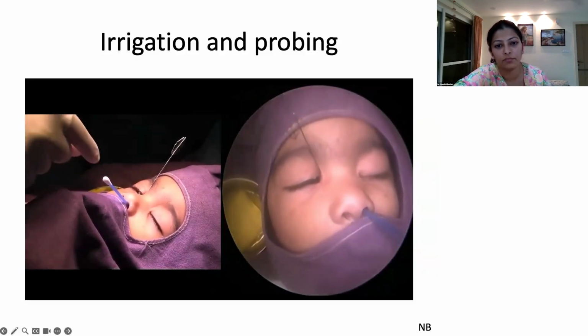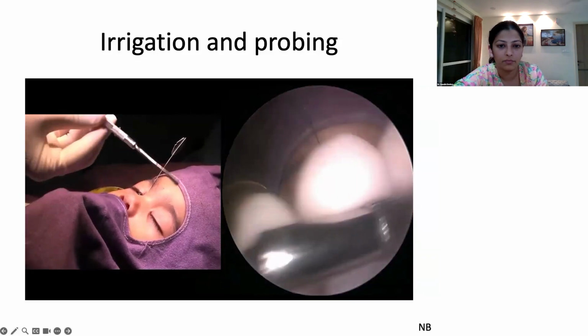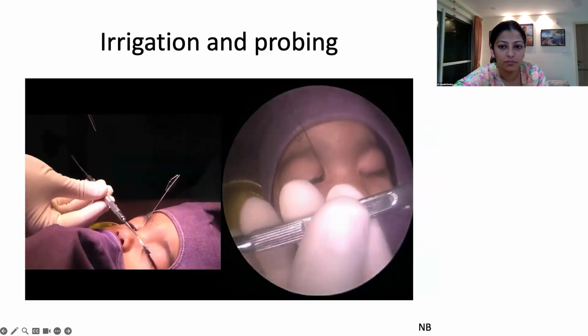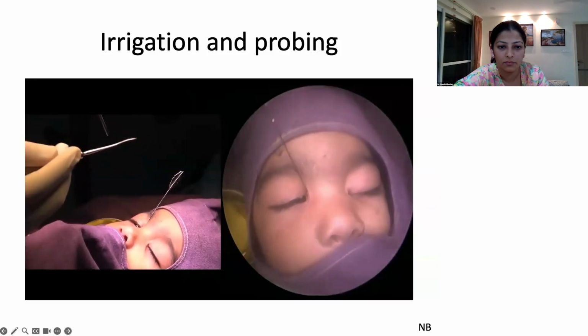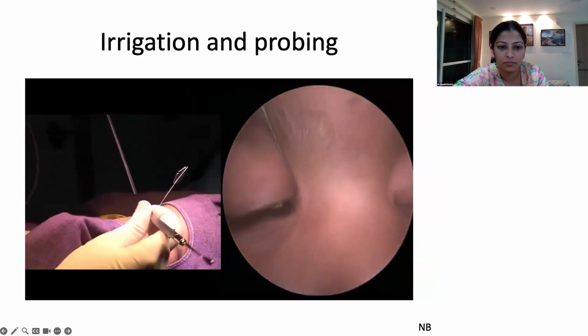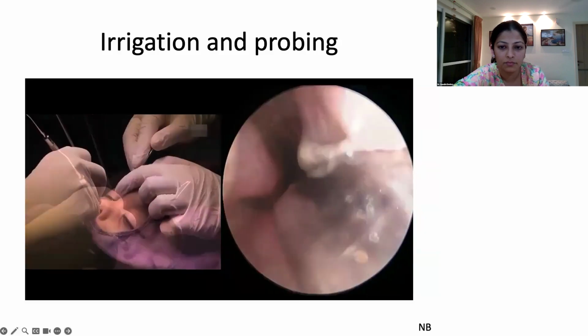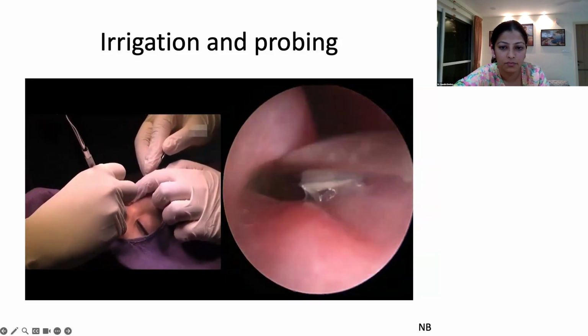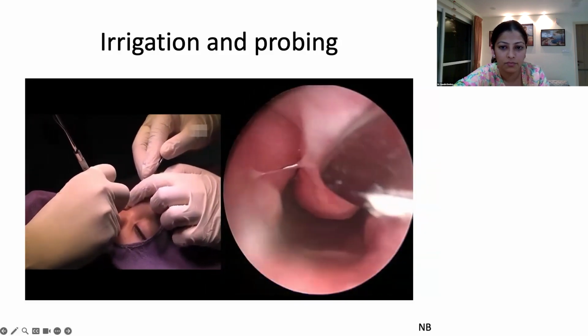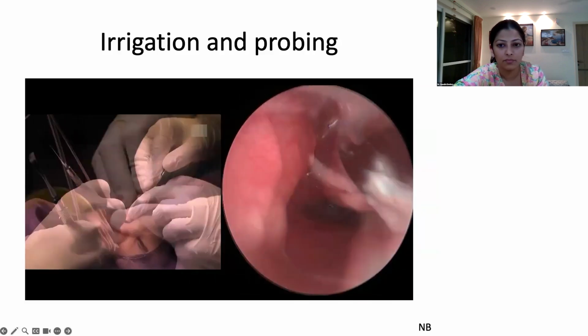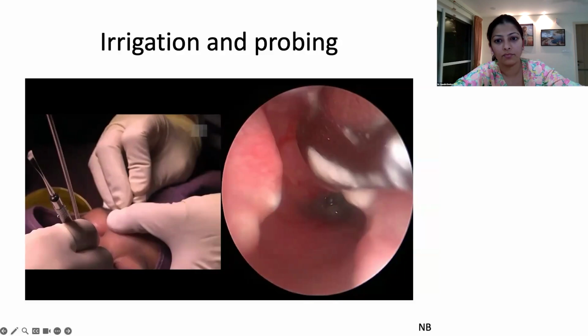The cotton buds are removed from the nasal cavity. A 2.7 mm 0-degree endoscope is used to visualize the nasal cavity. The inferior turbinate is medialized using the blunt edge of the periosteal elevator, and a direct view of the inferior meatus is obtained.